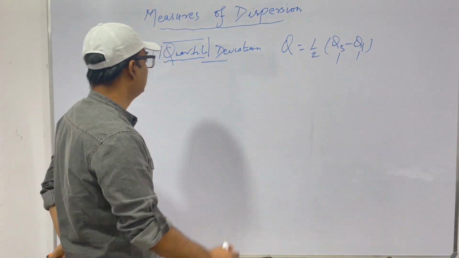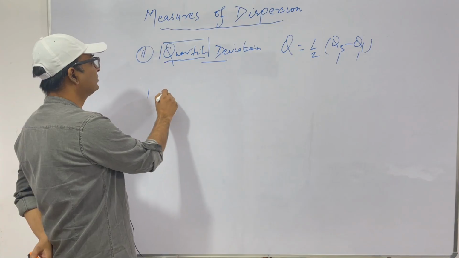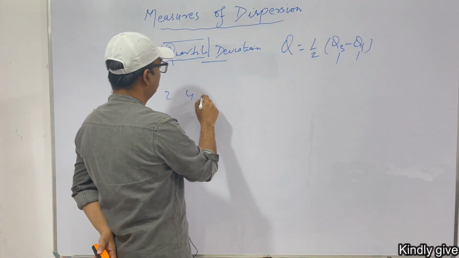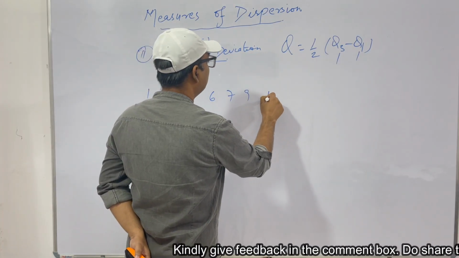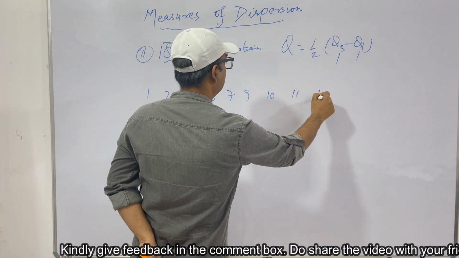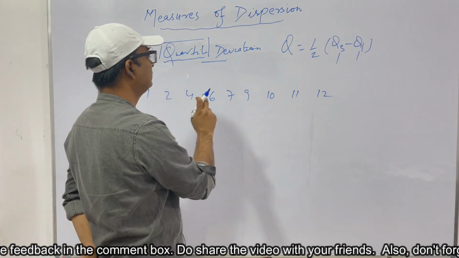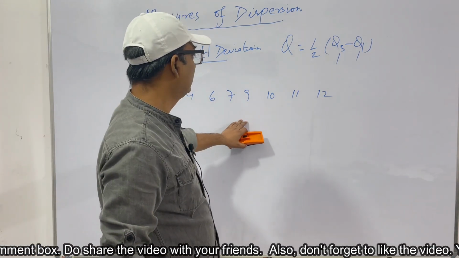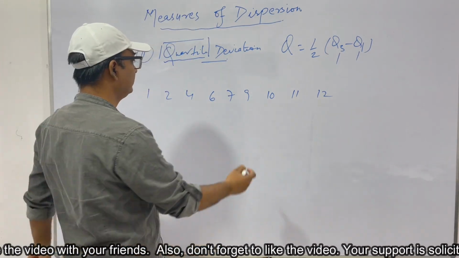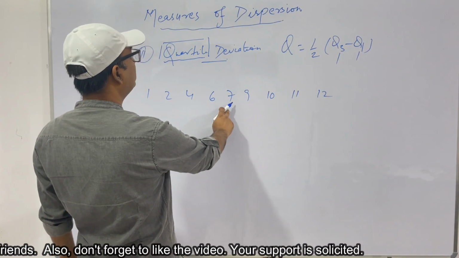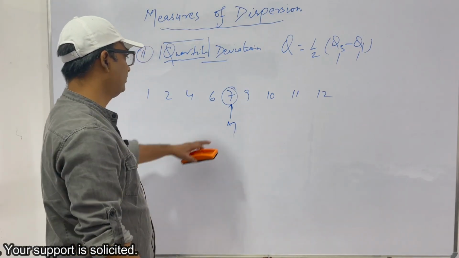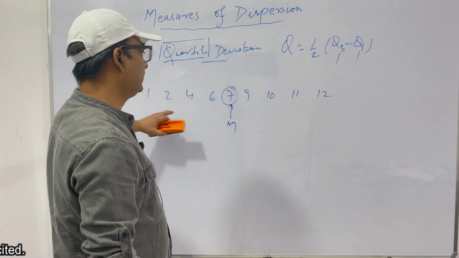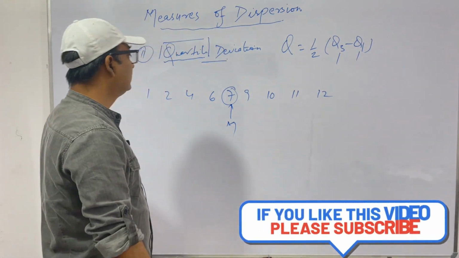What are quartiles? Let's say we have a certain number of observations, 1, 2, 4, 5, 6, 7, 9, 10, 11, 12. Which is the median? This is the median. We have 4 data to this side and 4 data to this side.